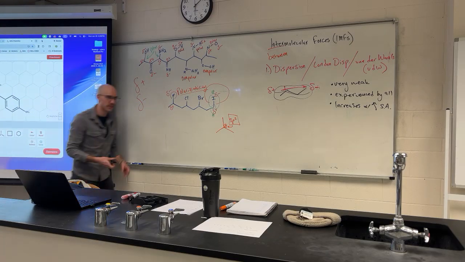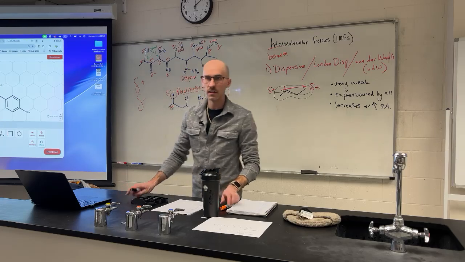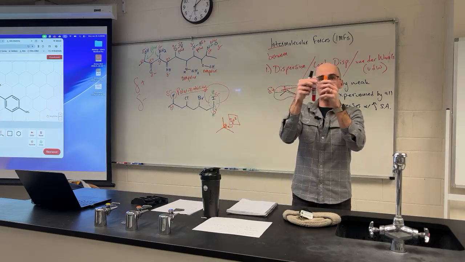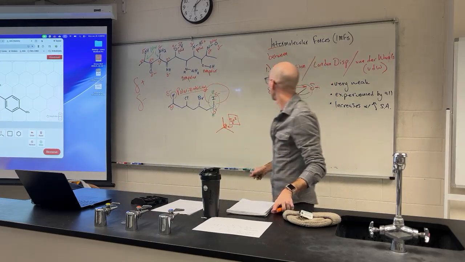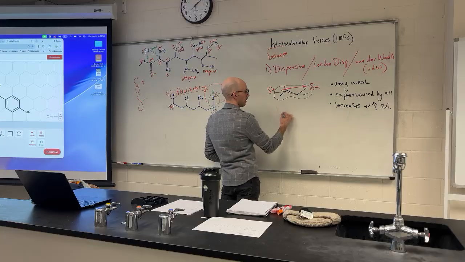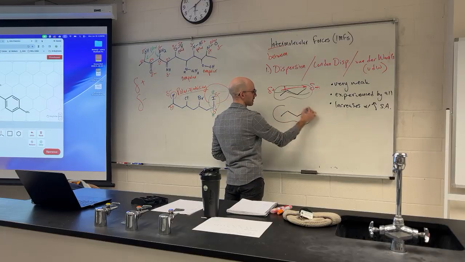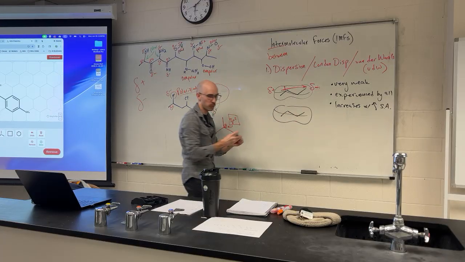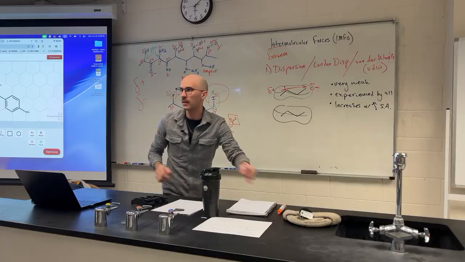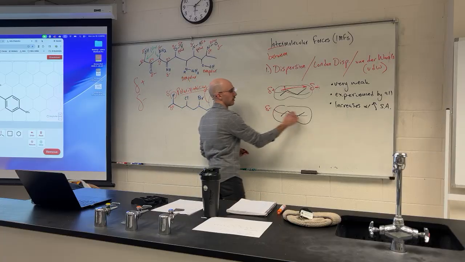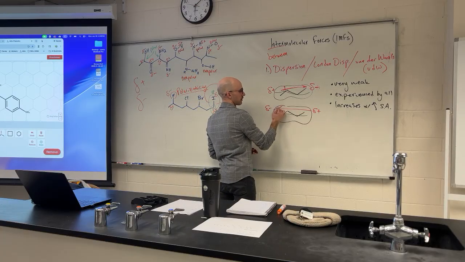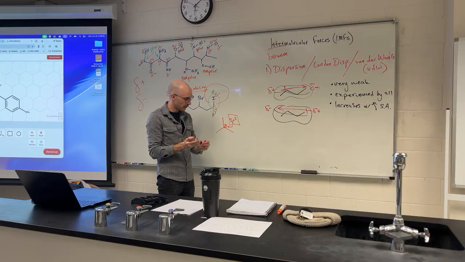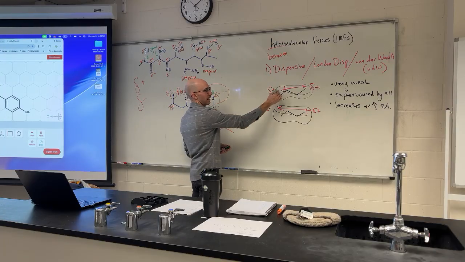In the case of these molecules, that friction is magnetic attraction between partial charges. One molecule has this instantaneous dipole that points one way. One molecule has an instantaneous dipole that points the opposite way. And now they have an attraction.